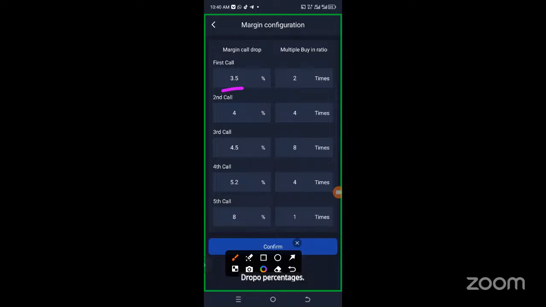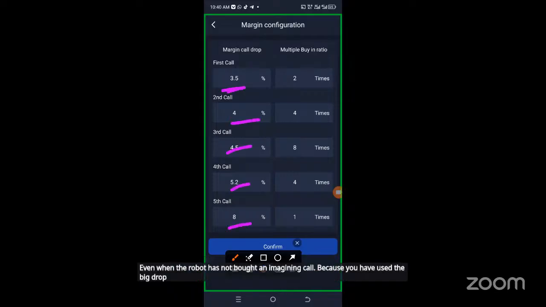You are going to be liquidated. You will be liquidated even when the robot has not bought any margin call, because you have used the big drop percentages here.